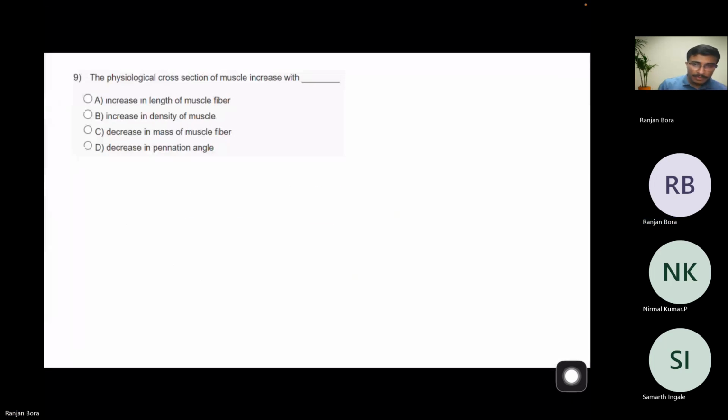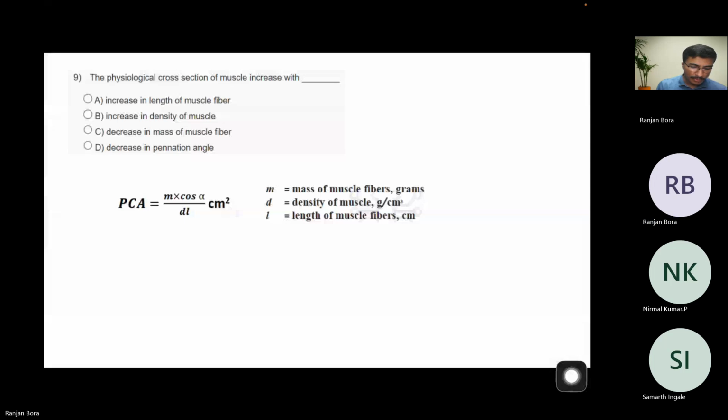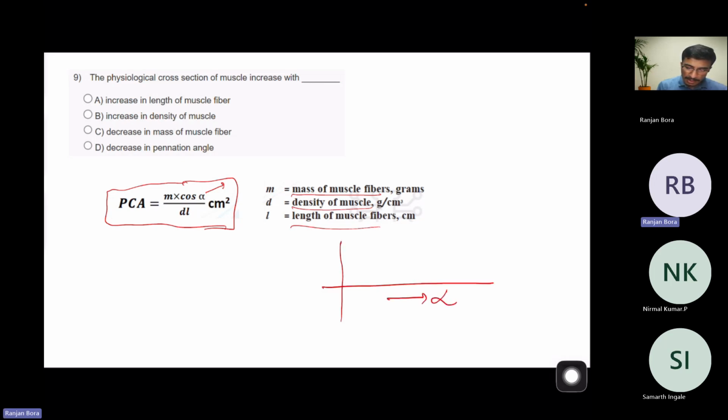Next question: physiological cross section of muscle increases with... You can see this is the relation for physiological cross section area. Here alpha is the penetration angle, M is the mass of muscle fibers, D is the density, and L is the length. When alpha increases, cos alpha decreases.